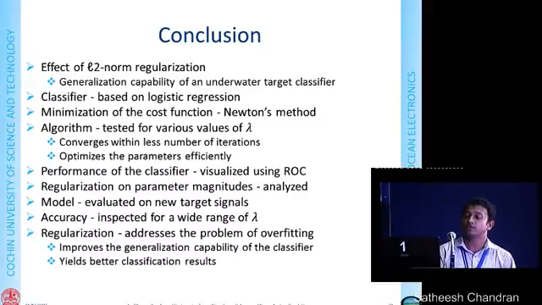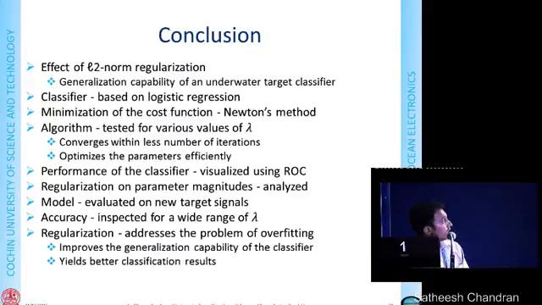The performance of the classifier has been visualized using ROC, and the effect of regularization on parameter magnitudes has been analyzed. In addition, the model has been evaluated on new target signals, and its accuracy has been inspected for a wide range of lambda. It can be inferred from these results that regularization addresses the problem of overfitting, improving the generalization capability of the classifier, yielding better classification results.